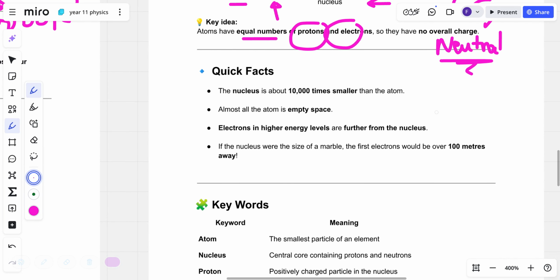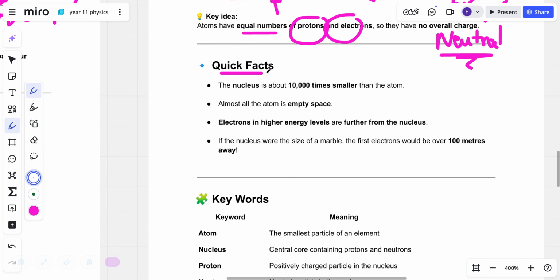Now, quick interesting facts. The nucleus is about 10,000 times smaller than the atom. If this is the nucleus in the center, you've got your electrons on the outside.